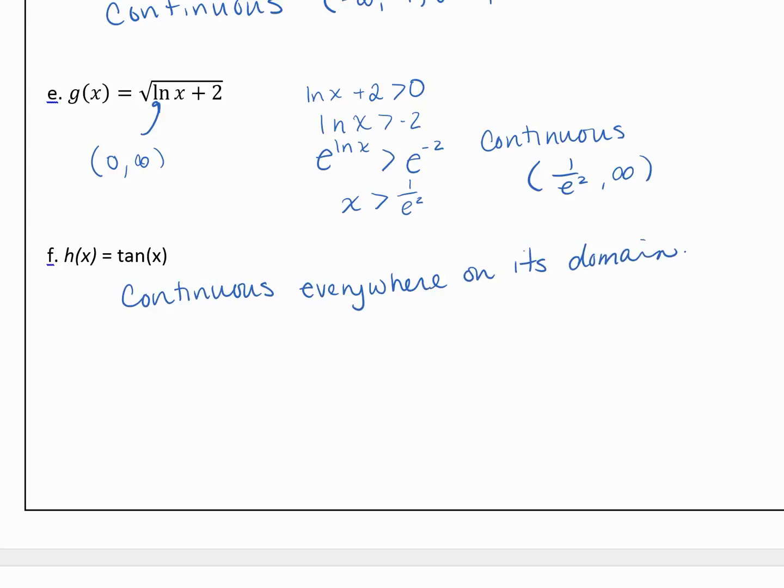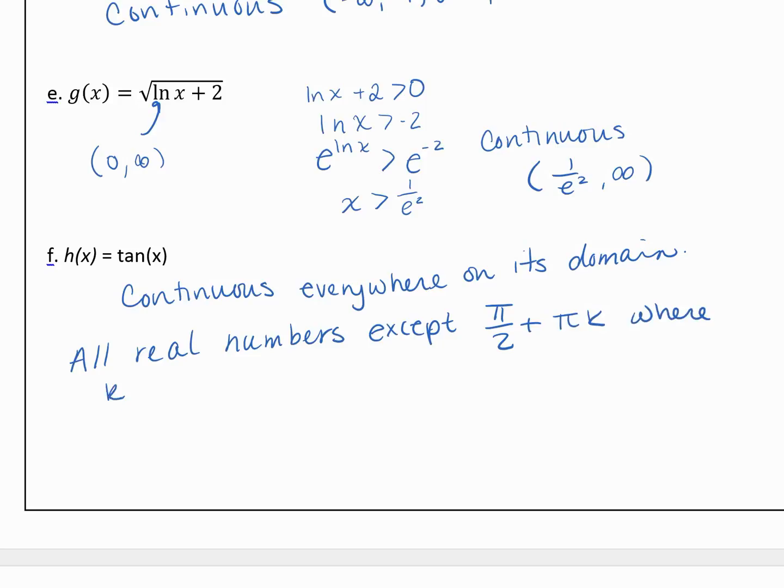And the domain, remember, is all real numbers except, so one of our first asymptotes is at pi over 2, and then it happens every pi. So we say pi over 2 plus pi k, where k is any integer. So we have to leave those values out because of the asymptotes. But other than that, it's continuous.